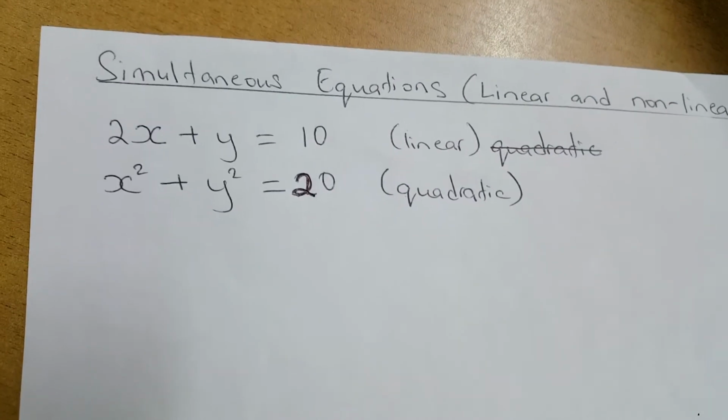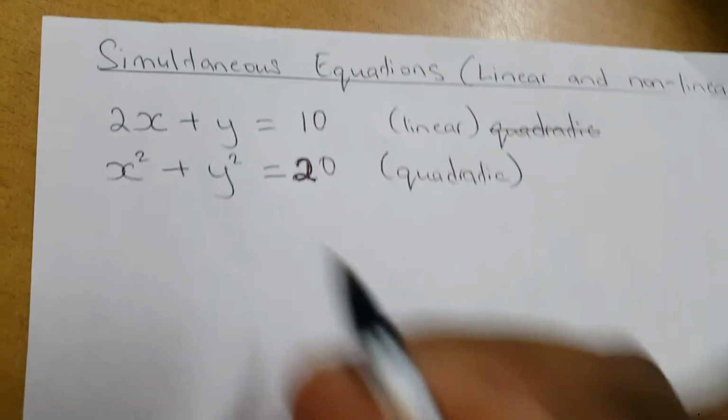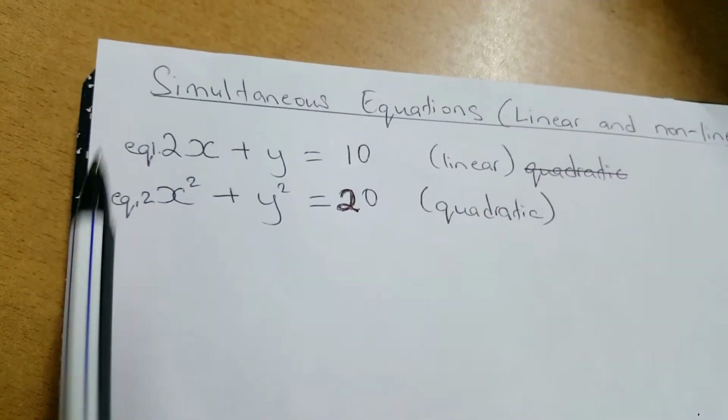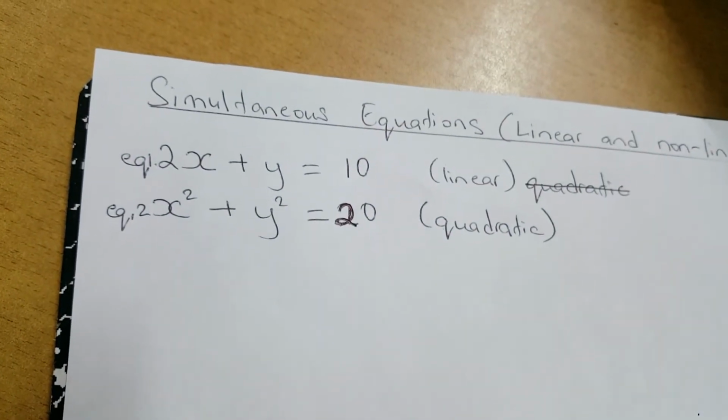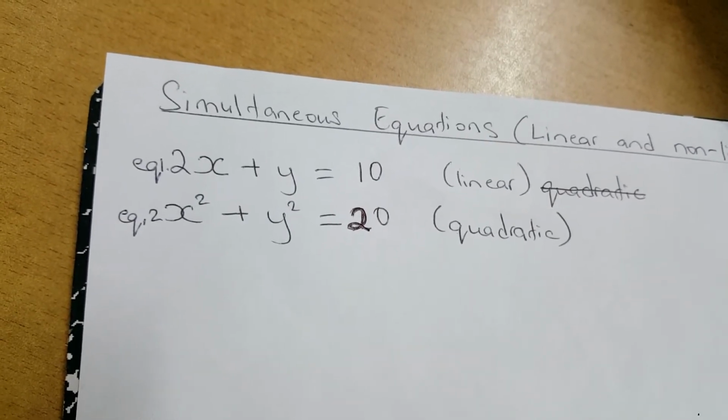So that is what we're going to start with. The aim is to rearrange equation 1 so that we have one of these variables being equal to something else.